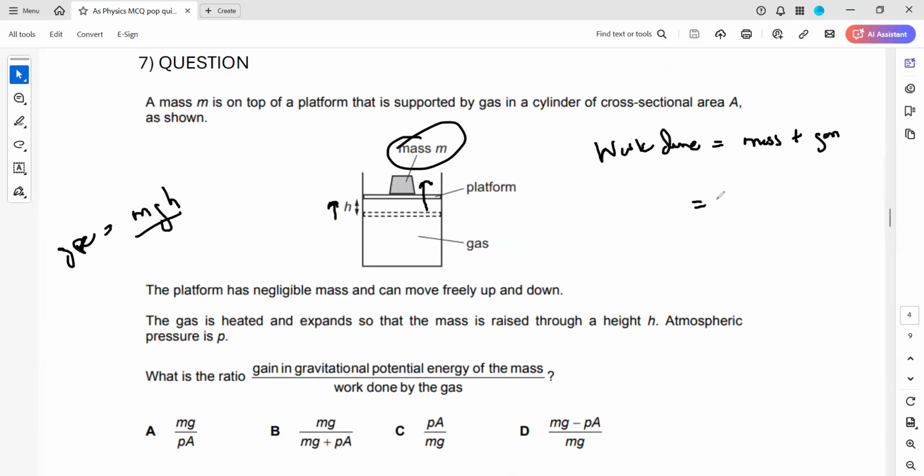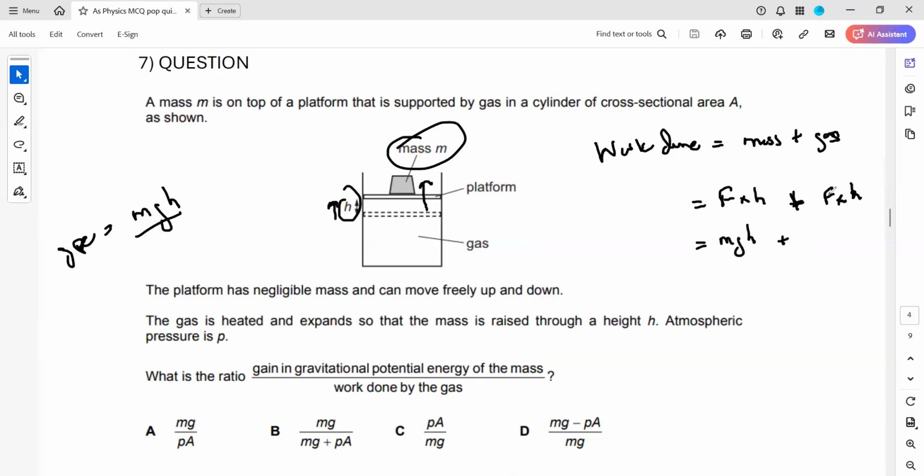So work done in raising the mass, force will be F, and the distance moved is h, so we'll write h here. What about the work done in moving the gas? So work done in pushing the gas is again force multiplied by distance. But what is the force applied when moving the mass? It equals its weight. So it will be mgh.